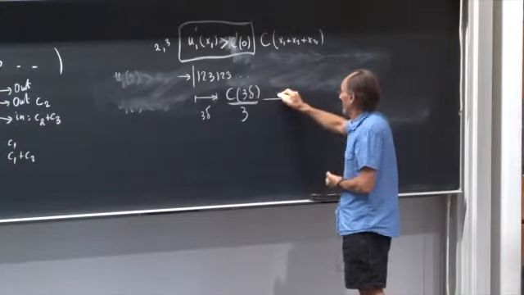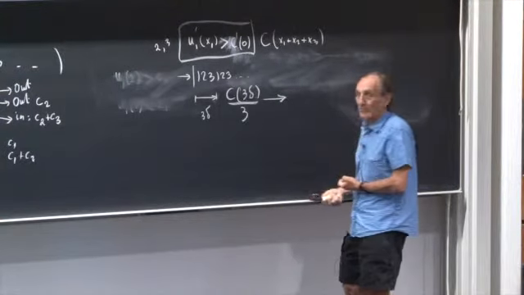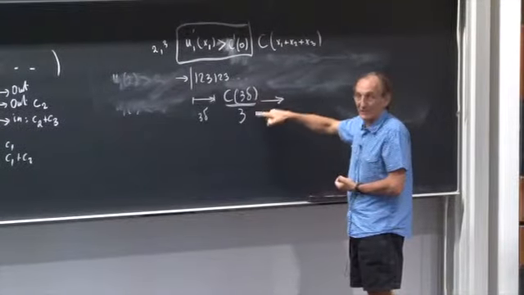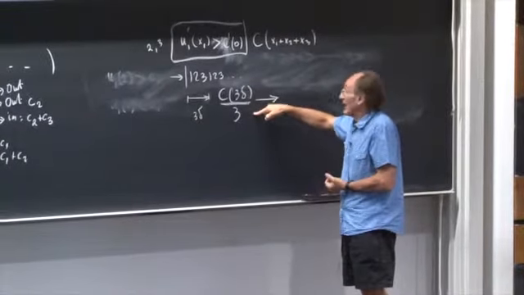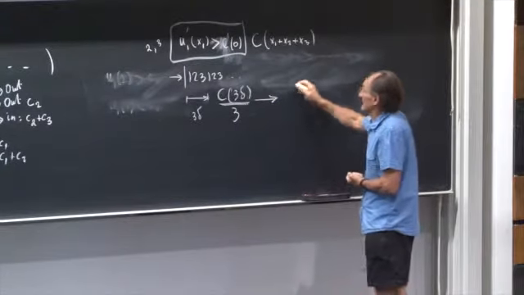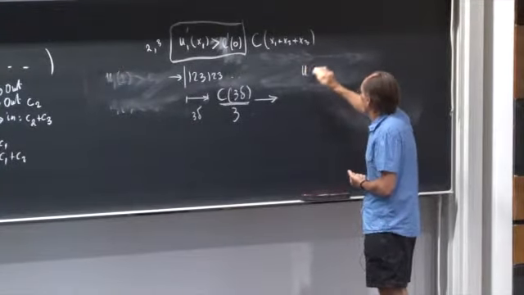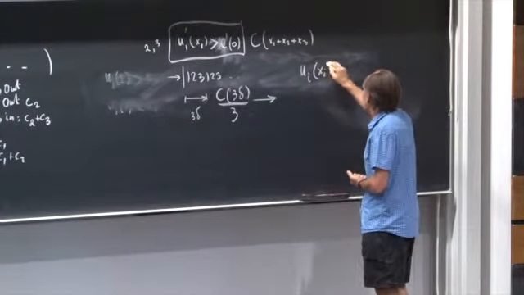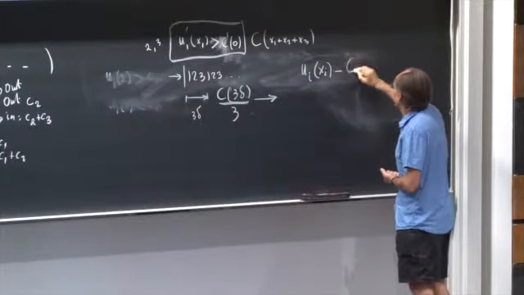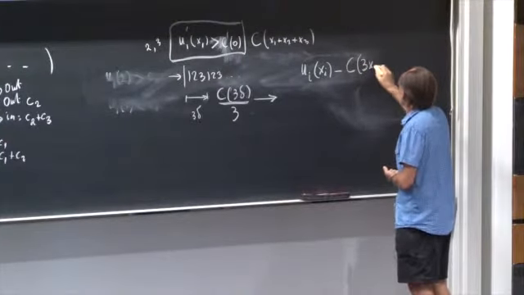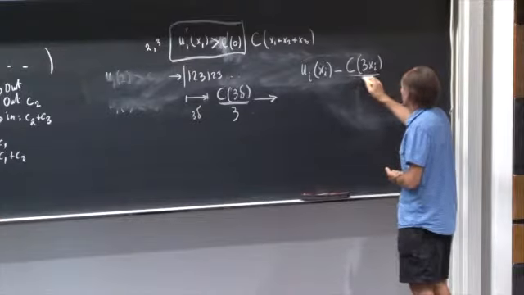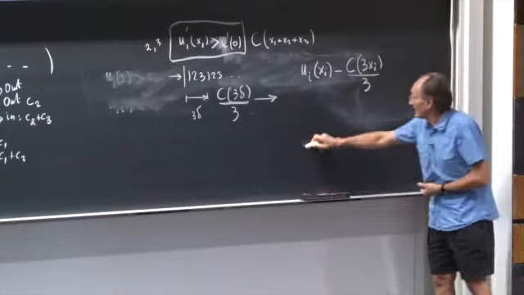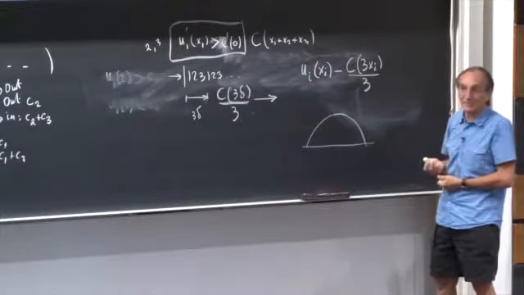Okay, so therefore you're going to be in as long as this is still worth it. At some point, when some agent is looking at u_i of x_i minus C of 3x_i over 3, this function of x_i is going to reach its maximum.